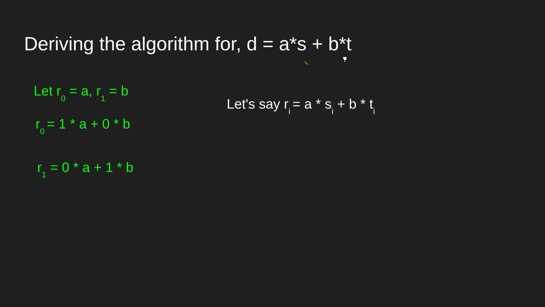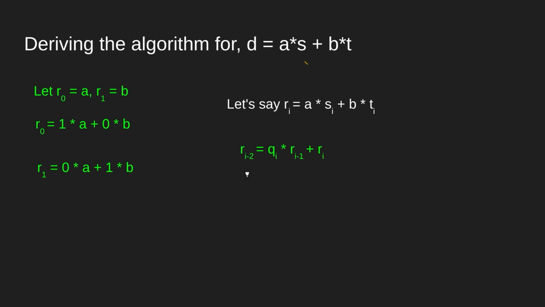And now we are going to do this process. In every step we get a new remainder, and that new remainder will be the divisor in the next step. So we are just going to say that for any remainder Ri in this particular process, there exist integers Si and Ti such that Ri can be written in this particular form.